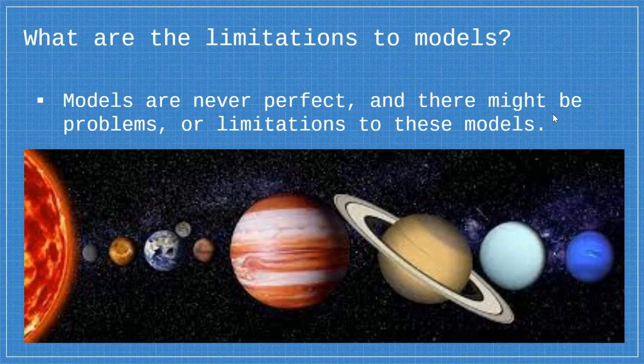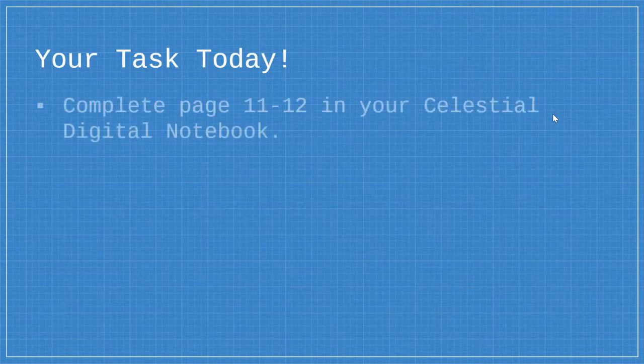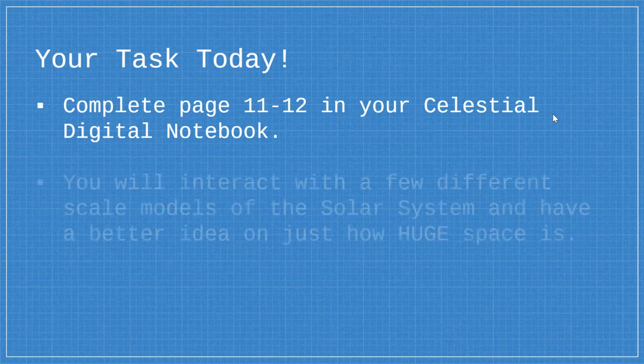So with that background information, we talked about what a scale model is, looked at two examples, and talked about why we use them in science. Specifically, we're going to focus on our solar system scale model today. Your task today is to complete pages 11 and 12 in your Celestial Digital Notebook.